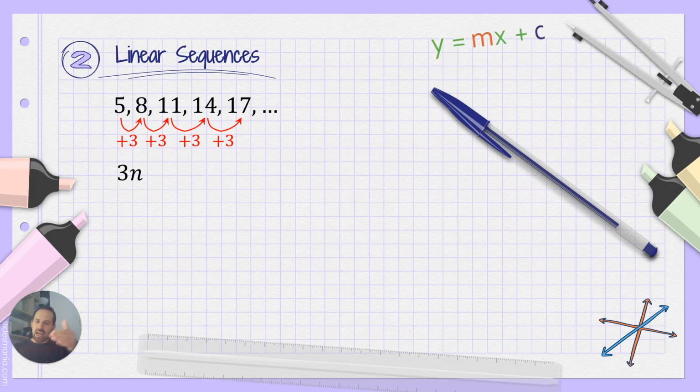We know 3n is going to have that gradient of 3. And if we work out what that is for n equals 1, 2, 3, 4, so the first term, second term, third term, so on, you see we get 3, 6, 9, 12, 15. And so, yeah, it's going up by 3 each time. So great, it's going up by the same rate, but the numbers aren't actually matching. And it's because they're all off by some constant amount, that constant amount being the plus c.